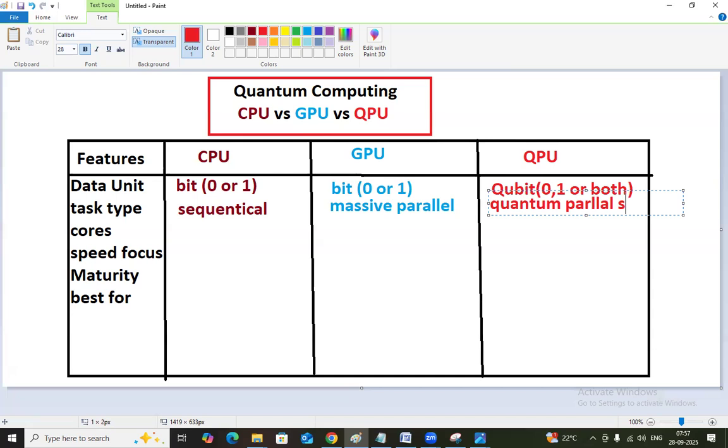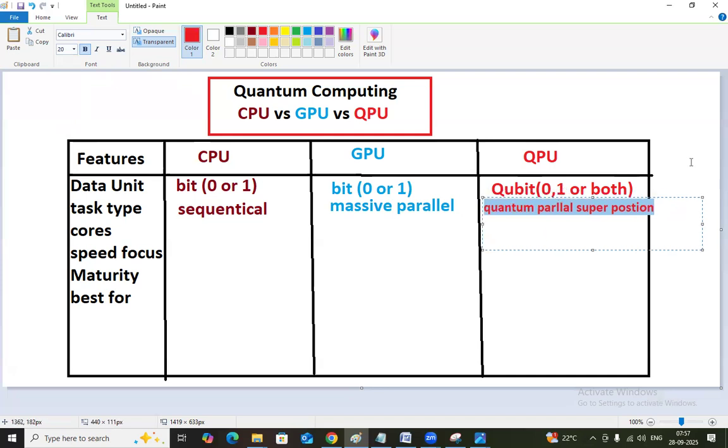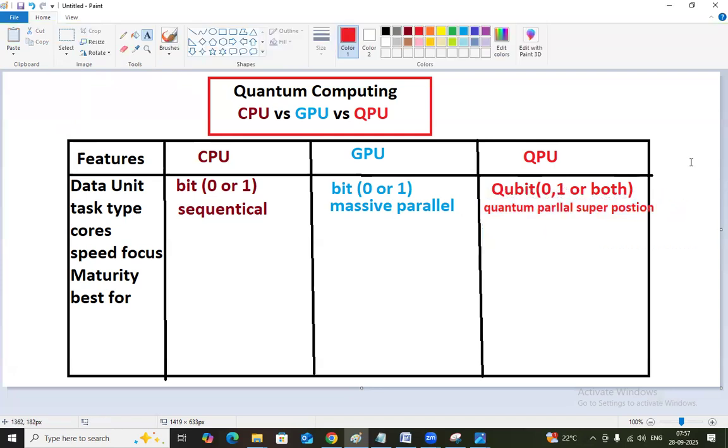This is working with the quantum parallel superposition process. Quantum parallel superposition.